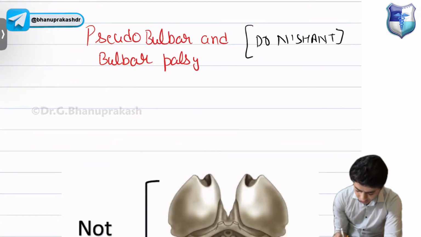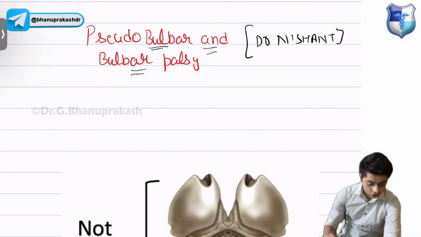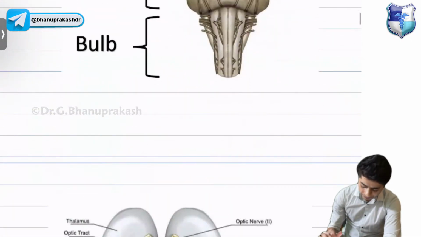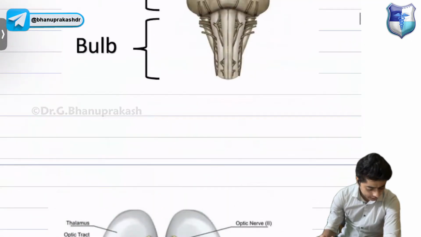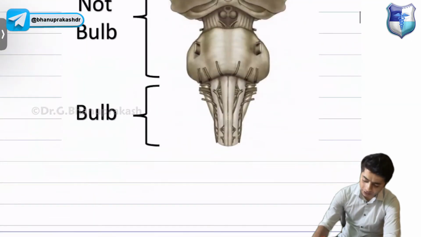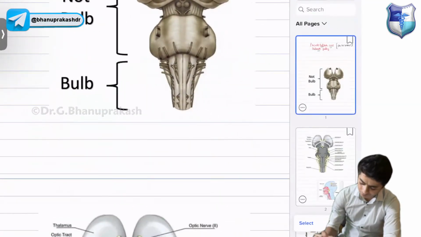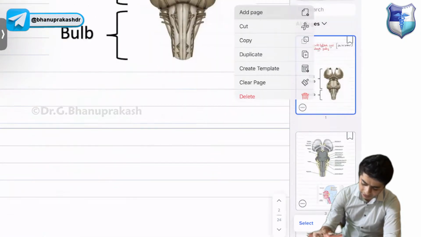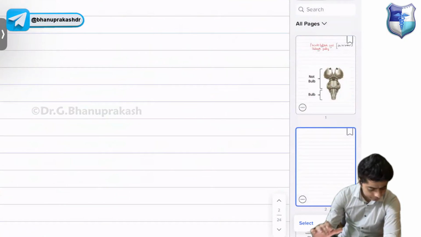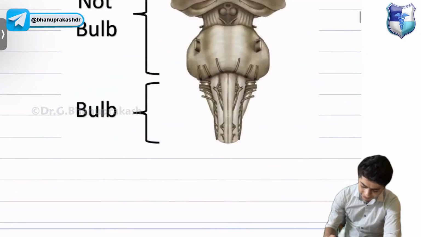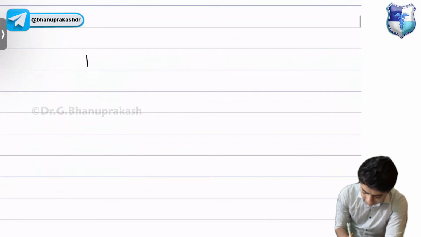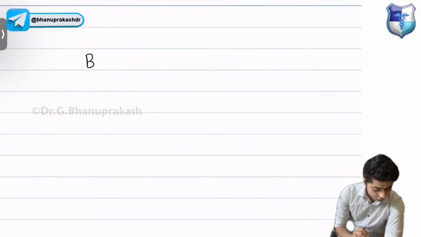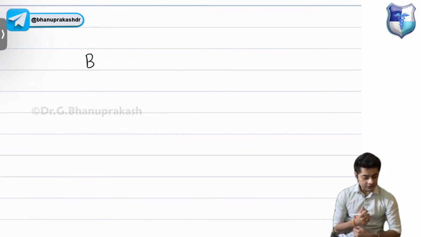We are now starting with pseudobulbar and bulbar palsy. So what do you mean by bulb? Can anyone tell me what you understand by the term bulb? No, Shri, it is not nucleus.